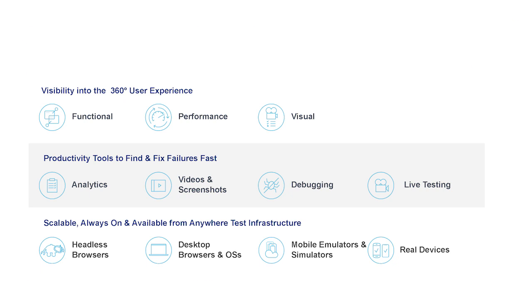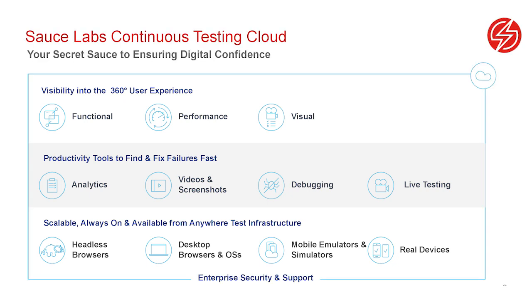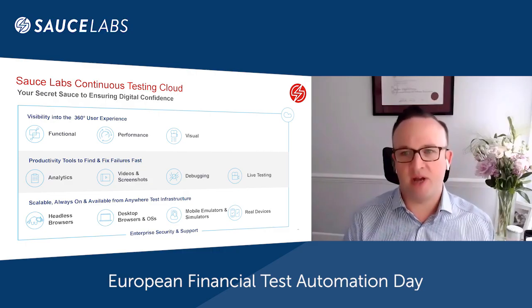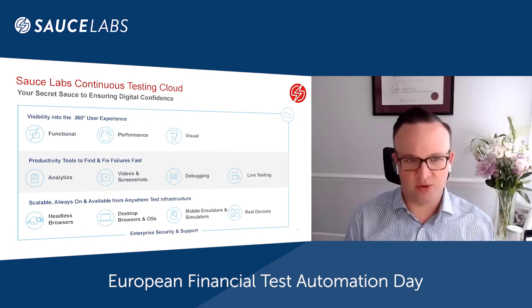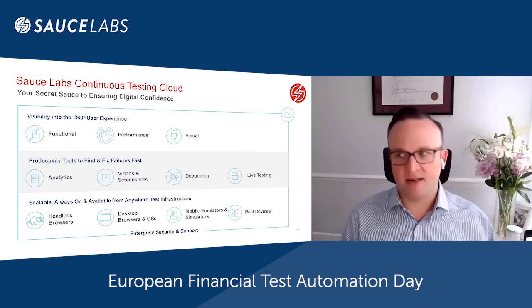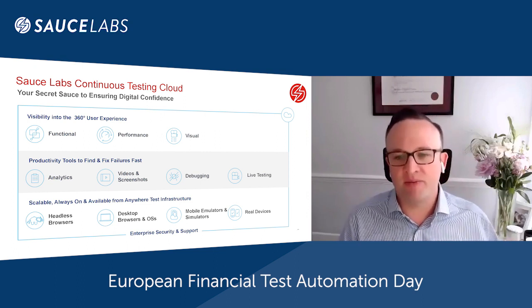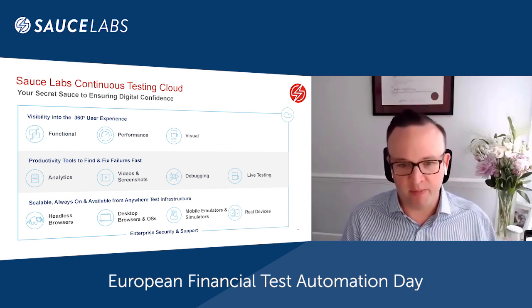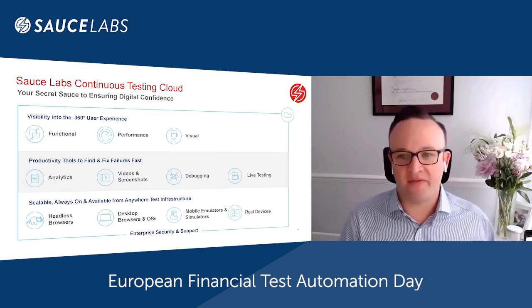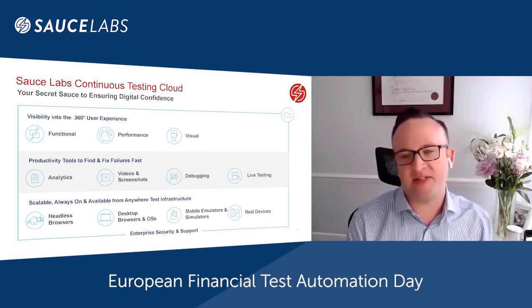Of course, underpinning that is enterprise security and support, making sure that we provide a truly enterprise-grade, secure platform, and also a world-class support organization. So we're not just flinging you some software and hardware. We're also making sure that we both know and can effect change in your organization that enables you to achieve your objectives in test.